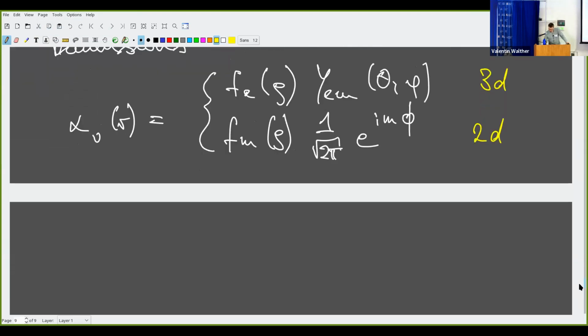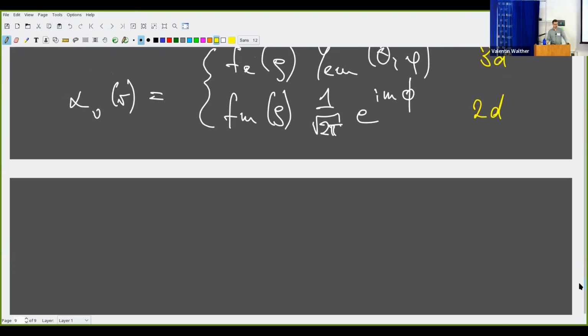Let me scroll up sometimes so that you can see the last equation. So like the quantum numbers in 2D and 3D.